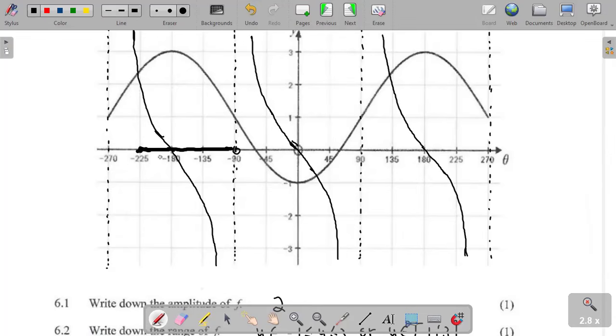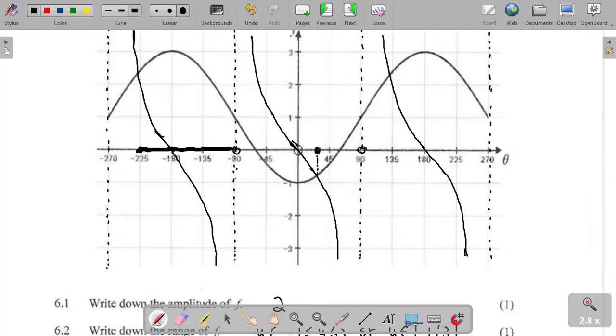So there should be an open circle. And then another one where it is on top. So it goes from here. We move from this point, and this point is included, and it is on top until here. So there's an open circle here.